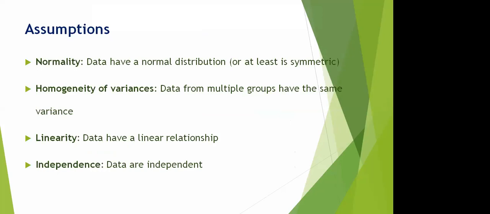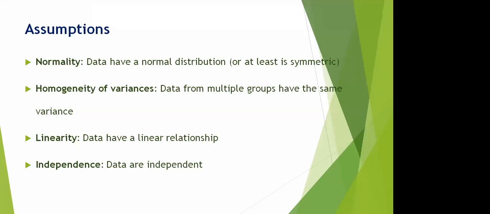First one is normality. Normality relates to the variability of the data. If the variability of the data is more, then the data is not normally distributed, and if the variability between the responses is less, the data will be normal. That we'll see in detail on the next slides.